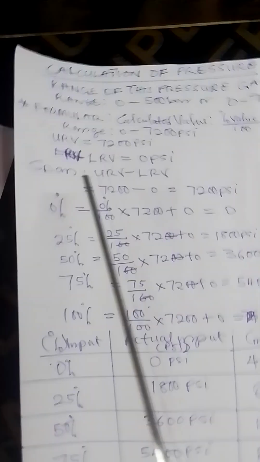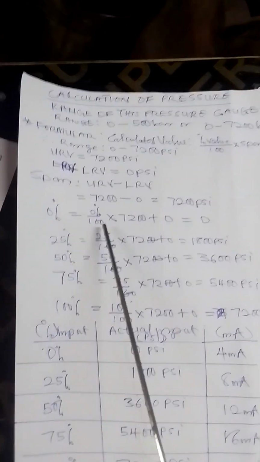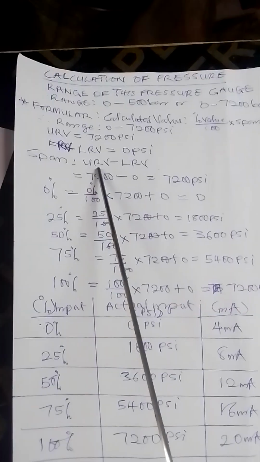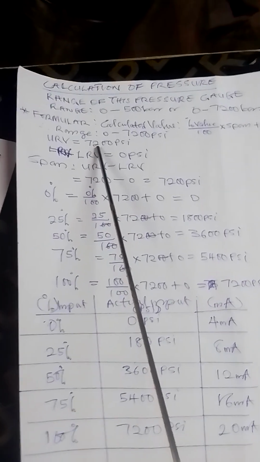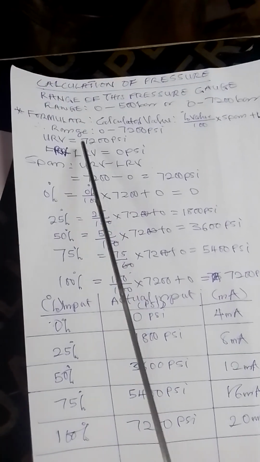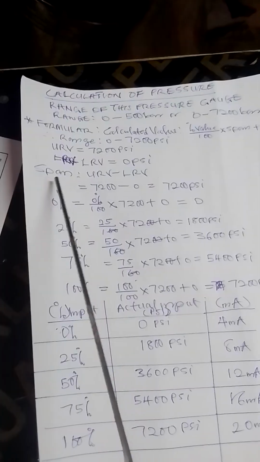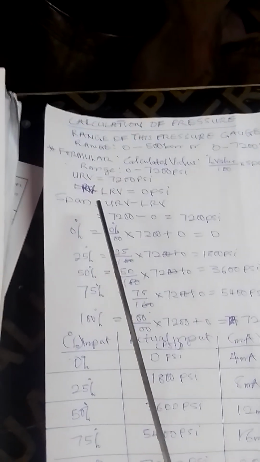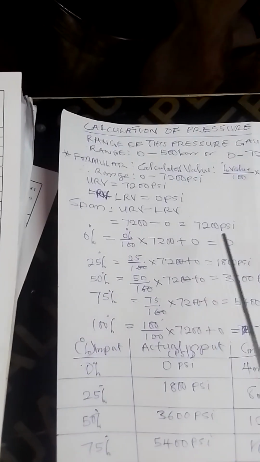This is the formula, upper range as it was there. This is the range of the transmitter. 7,200 is your upper range, while the lower range is 0. To get the span, because the span is what you use to do your calculation, you subtract the lower range from the upper range, and you still have 7,200.